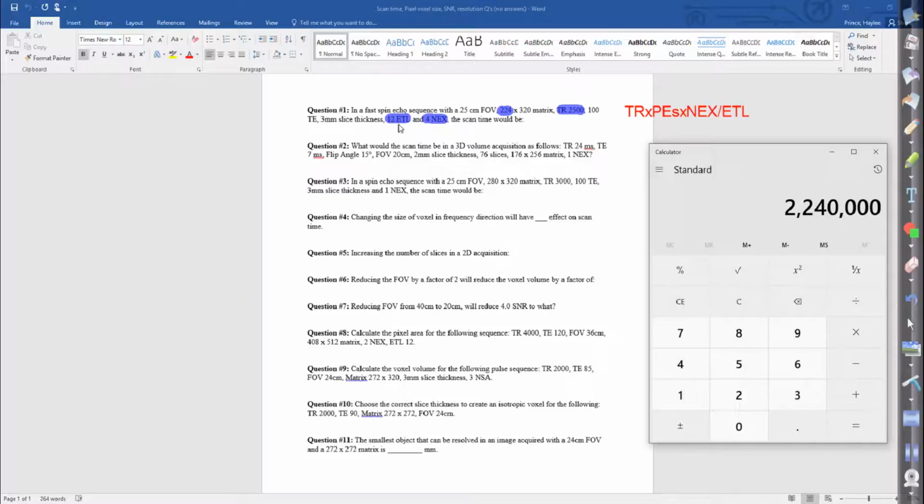But we have to divide it by our echo train length, which reduces our scan time because we fill 12 lines of K-space per TR. So divide that entire number by 12. This is the number we get, but this is in milliseconds: 186,666 with a running decimal. So we first have to divide it by 1,000 to get it into seconds.